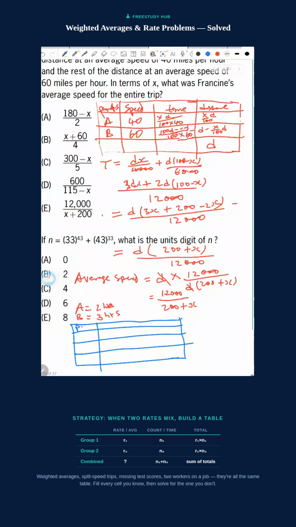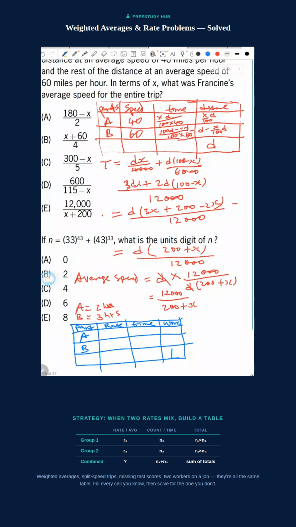This place still being parts, but here now being rate instead of time, instead of speed. This place being time, still being time, and here is work done. We can also call it part A and part B, and the total work is 1.